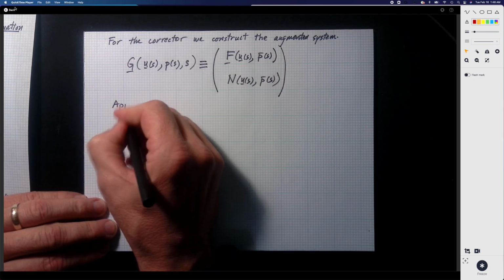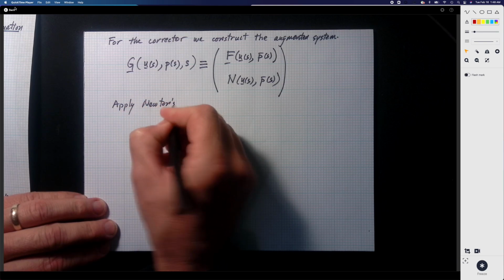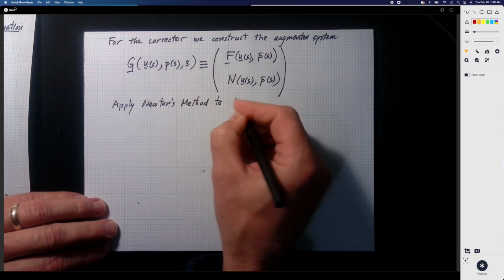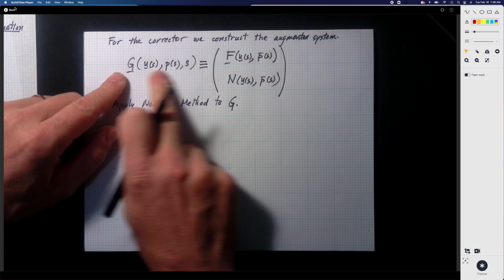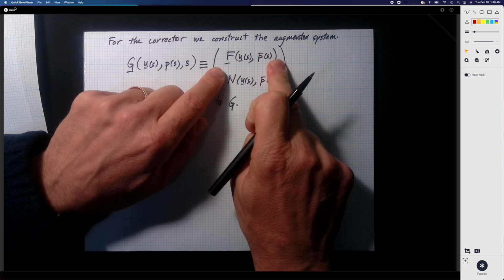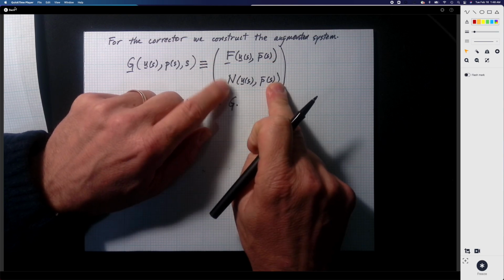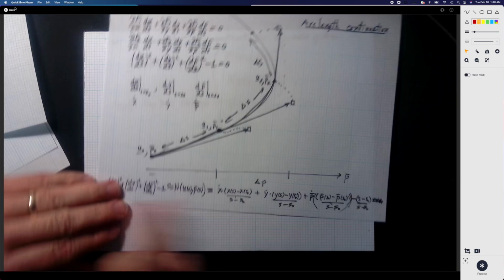So apply Newton's method to G. Once we found this system equal to 0, then f will be 0, which means we have a steady state, and the second equation will be 0, which means that we satisfy this equation over here on the bottom.